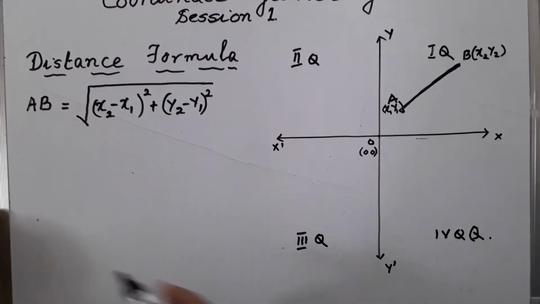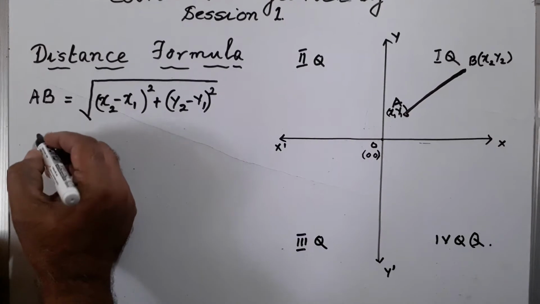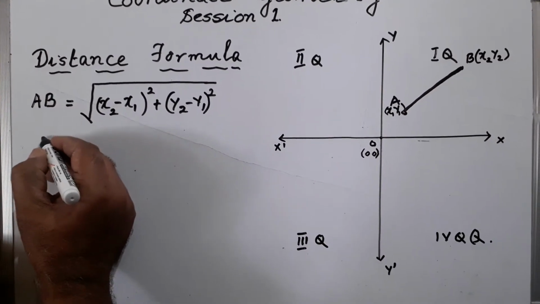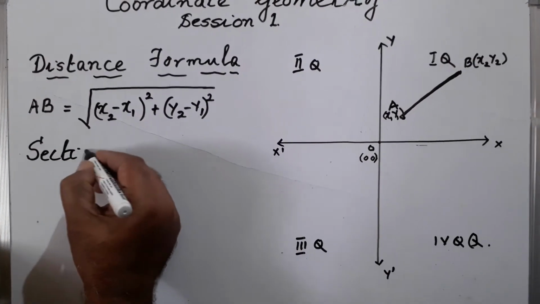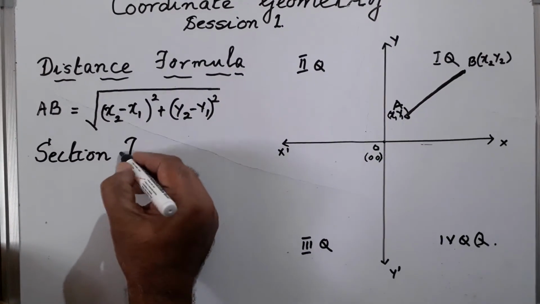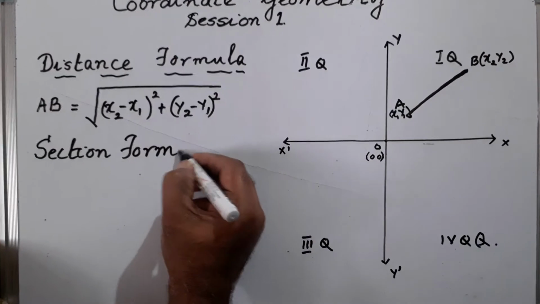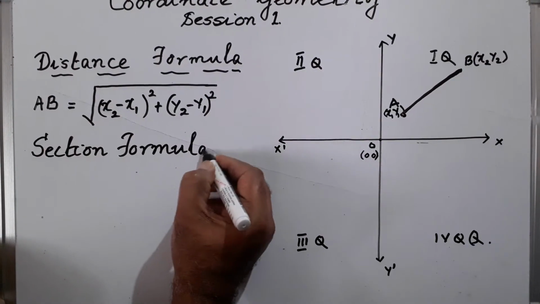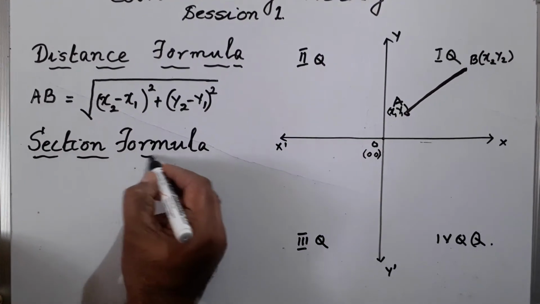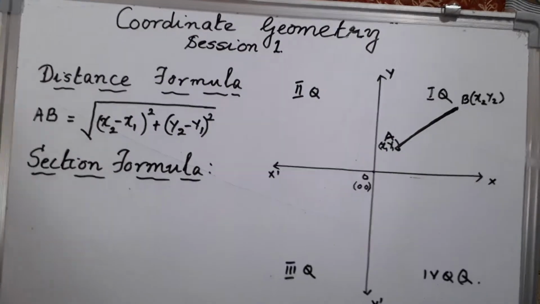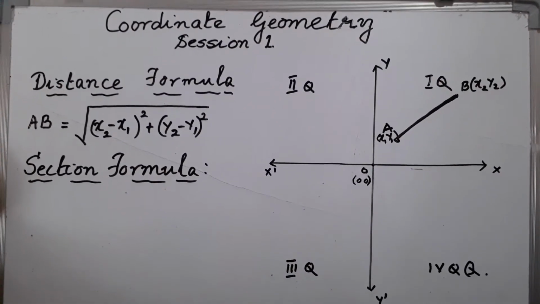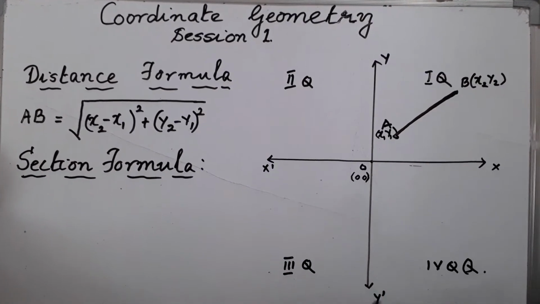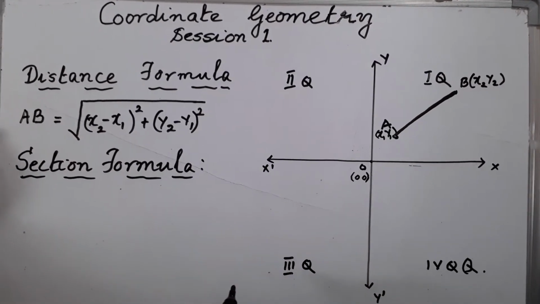The second formula is the section formula. The section formula is a slight extension of the distance formula.